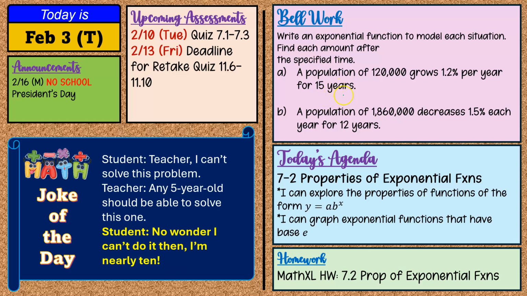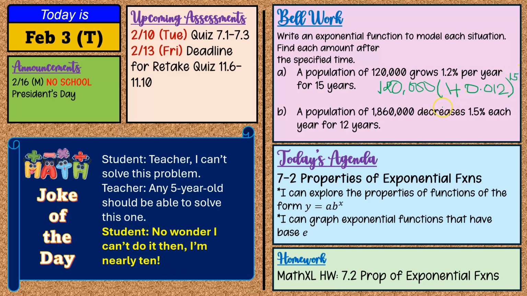To find the future value, our setup would be our initial value, which is 120,000. And then we multiply that with 1 plus our percent, which is 1.2%. If we change it to decimal, it's going to be 0.012. And the number of years will serve as our exponent, and that's going to be 15.